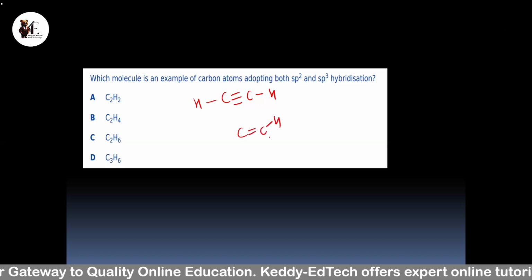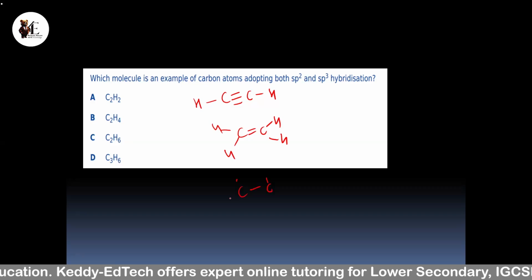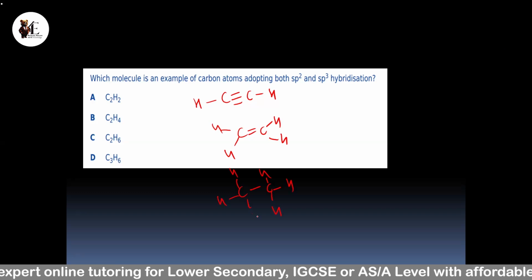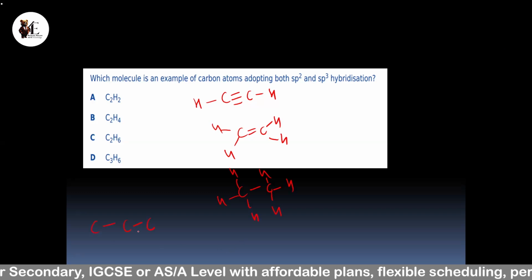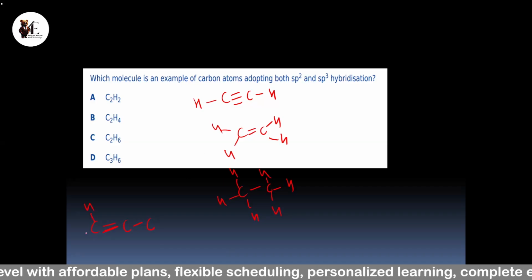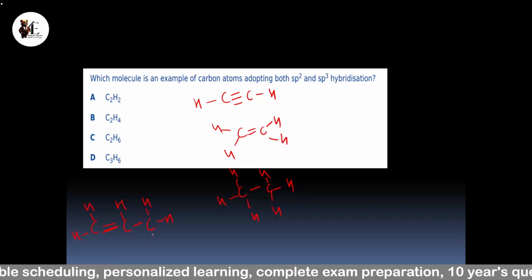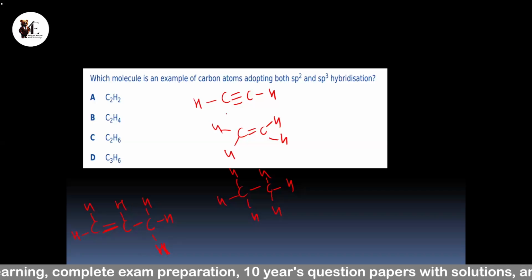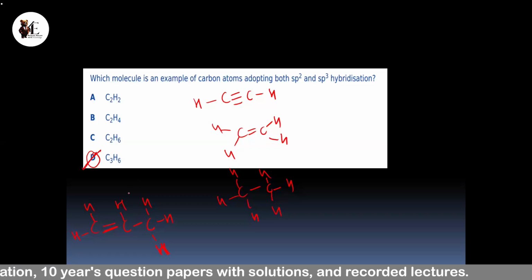C2H4 is this. And C2H6 is this. And C3H6 is this. What should be the answer? I think it's D. Yes, D is the correct answer because here we have carbon atoms.